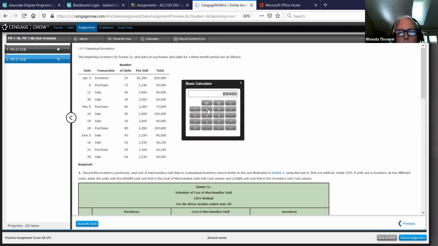Then we're going to add to it our sale from April the 30th, which was 60,000. Then we're going to add to it our sale on May 10th, which was 100,000.